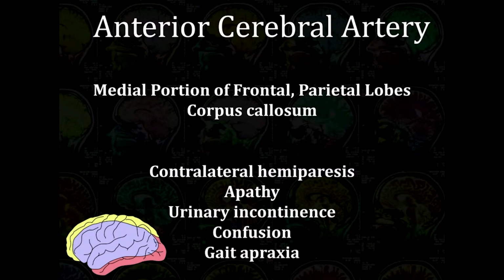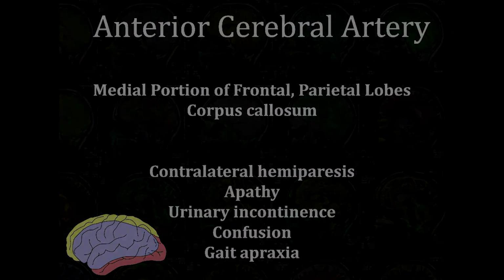And so these patients are going to exhibit multiple clinical symptoms: contralateral paralysis, apathy, a very flat affect, and urinary incontinence. They're going to be very confused, and they're going to have what's called gait apraxia, where they just have an inability to have proper gait. They can't stand very well. They may have balance issues, etc.